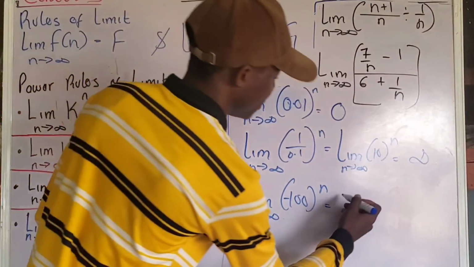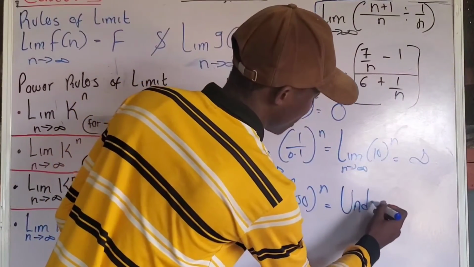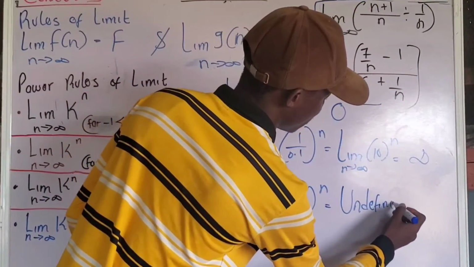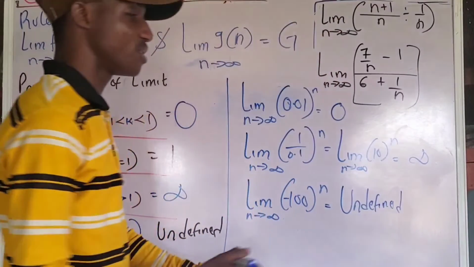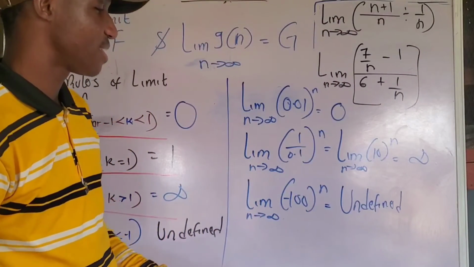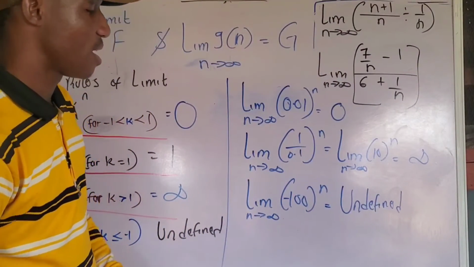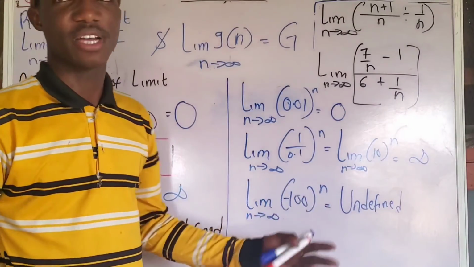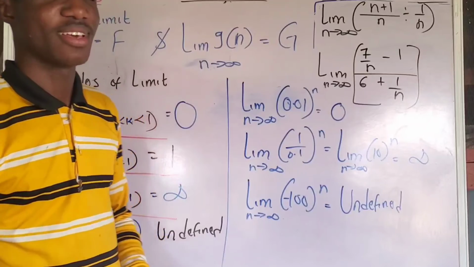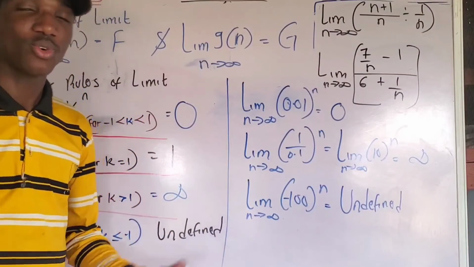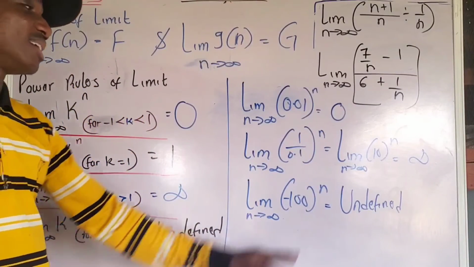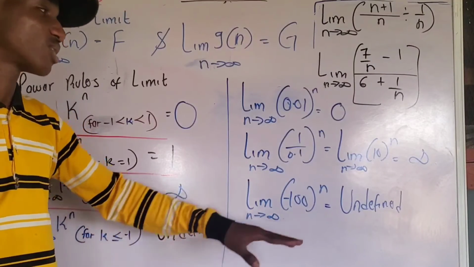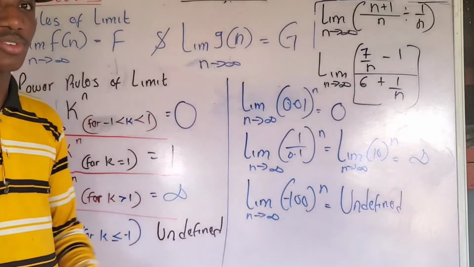It is undefined. This kind of function is undefined and it diverges. You understand? Though it's undefined, it diverges because if the value of n increases, the function also increases in magnitude. You get what I'm trying to say?